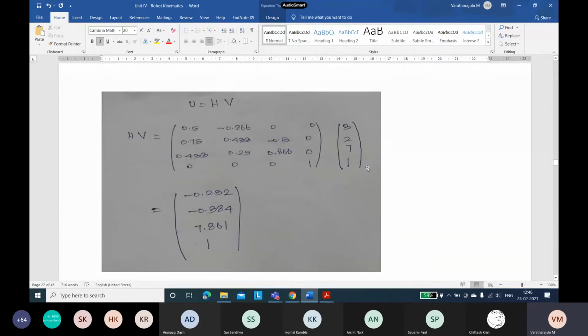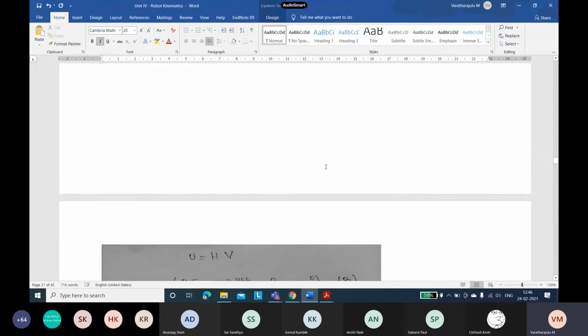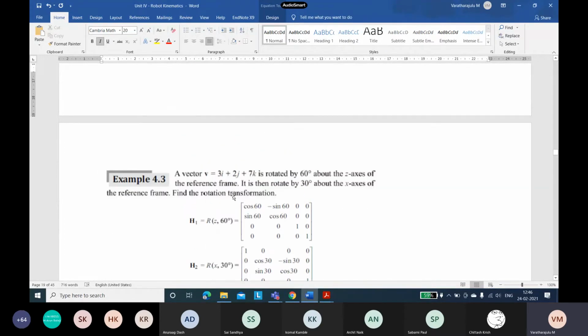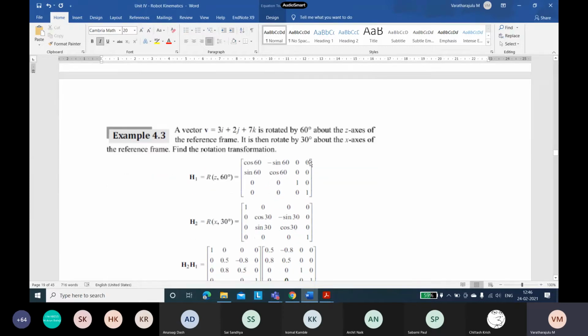And why are we keeping this last column, that is the fourth column, as 0? Here there won't be any translation, and there won't be any changes in the x direction, y direction, z direction with that of the inclination. When we have certain changes over x, y, z, at that time we need to adopt these 3 provisions. Here we have 0, 0, 0. Then here we need to adopt x variation, y variation, and z variation.